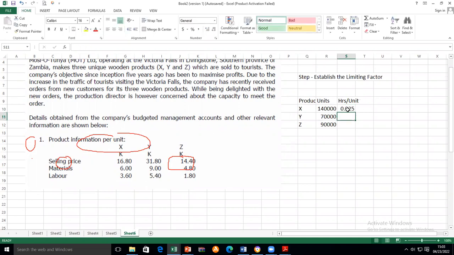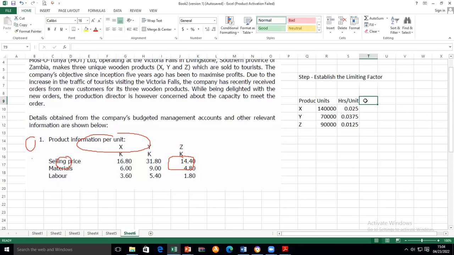The next one is 5.4 divided by 144. And the last one is 1.8 divided by 144. So this is the hours per unit.